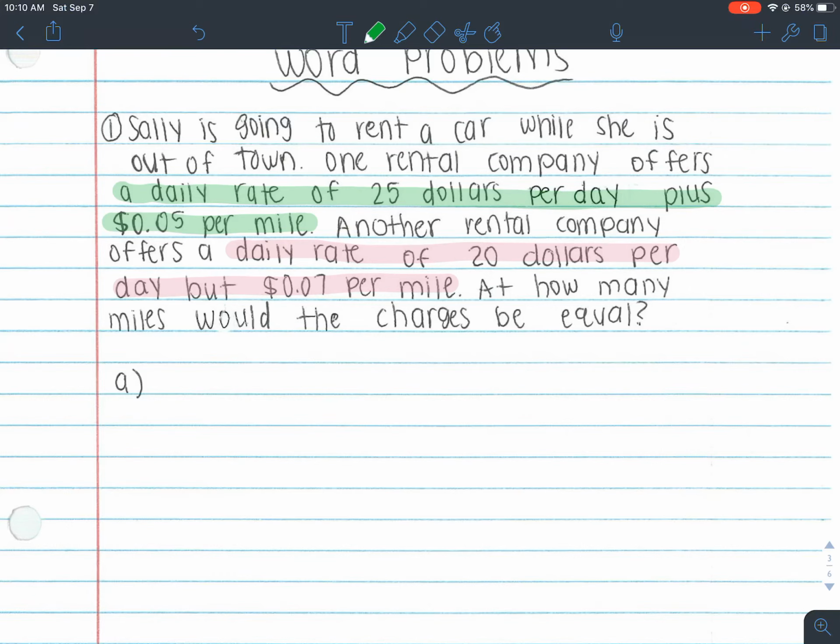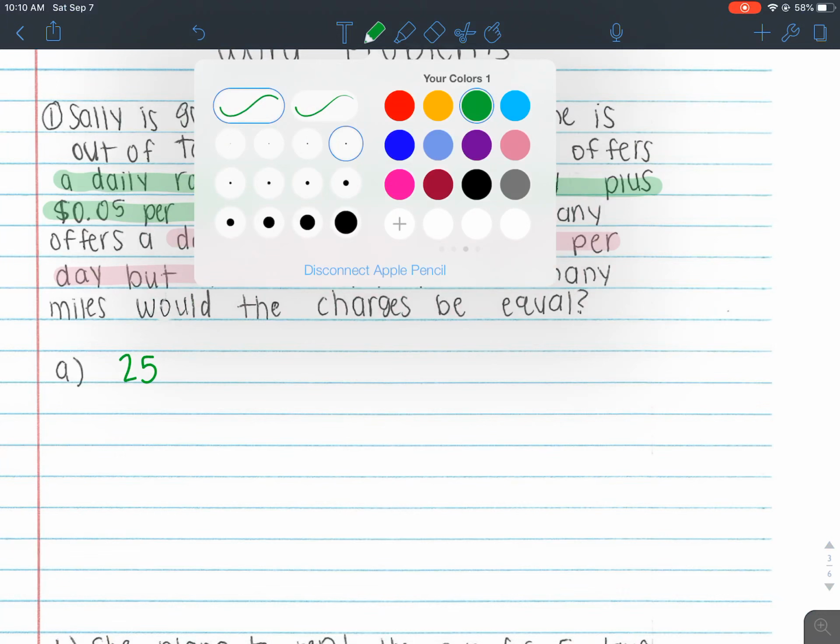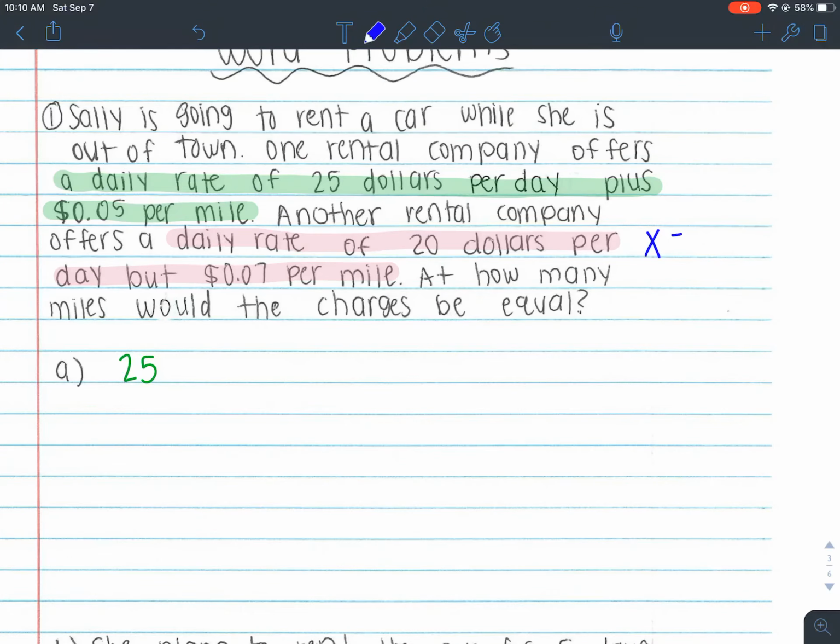Okay, so I know for one day I'm going to get charged $25, and that's flat. Like, no matter what, I will get charged $25 at minimum. And then it says plus, I'll also get charged 5 cents per mile. But I don't know how many miles I can go, so that's the thing that we don't know. So x is going to be my number of miles because I don't know how many miles I'm going.